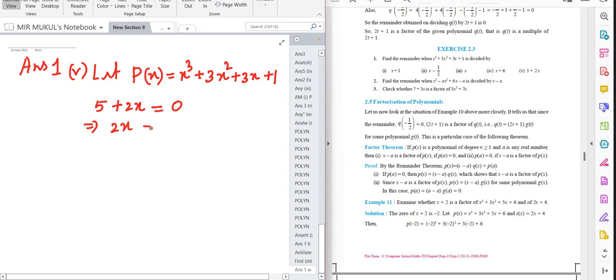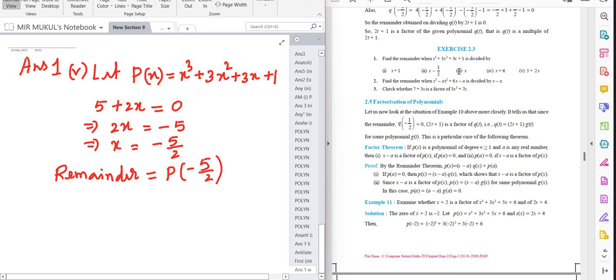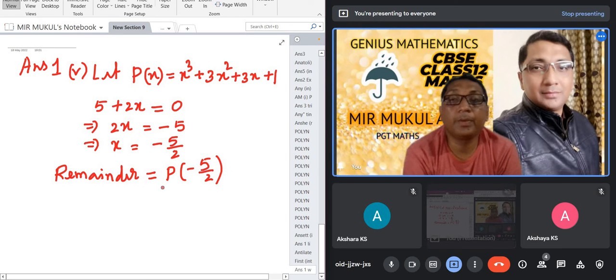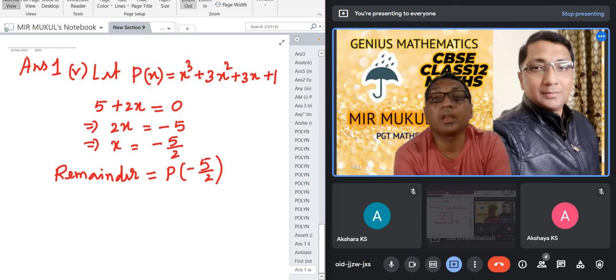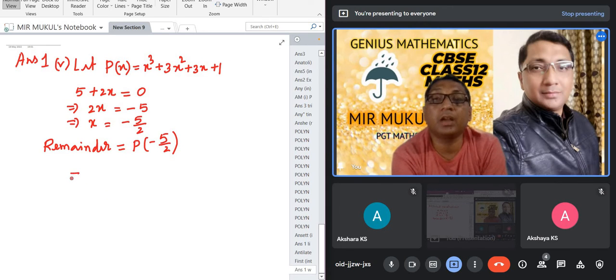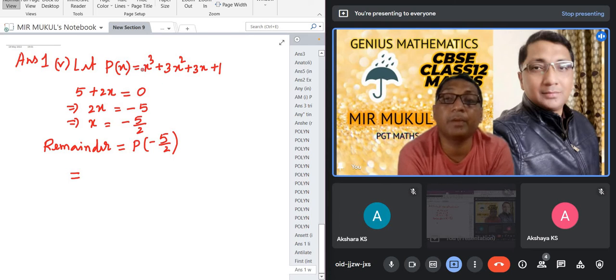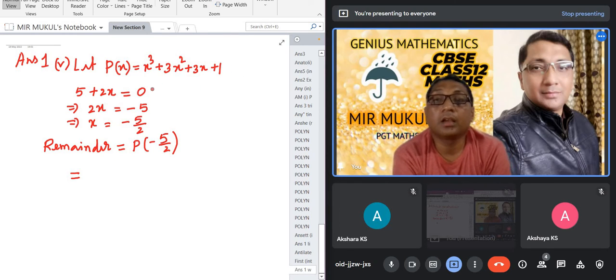So we can write 2x equals minus 5. So x equals how much? Minus 5 by 2. So remainder equals P(minus 5 by 2). Understood? P(minus 5 by 2).